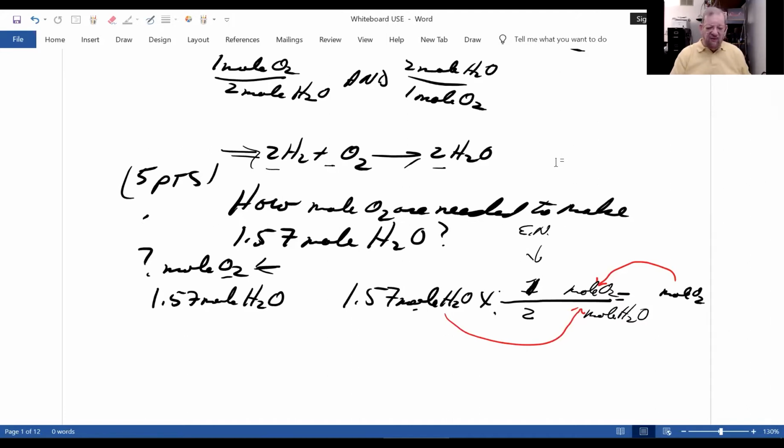So if I'm multiplying 1.57 times 1 divided by 2, the only number that matters for significant figures is 1.57, which has 3. And that tells me how many significant figures my answer should have. So now it's time to go to Dr. White's calculator.